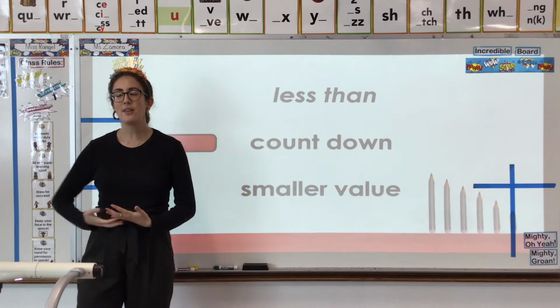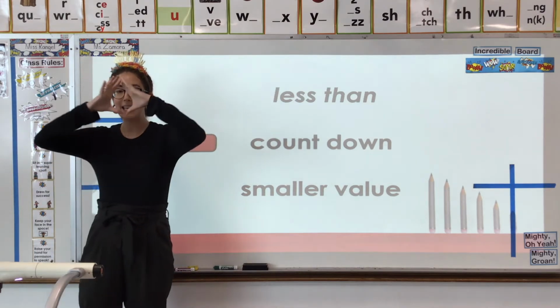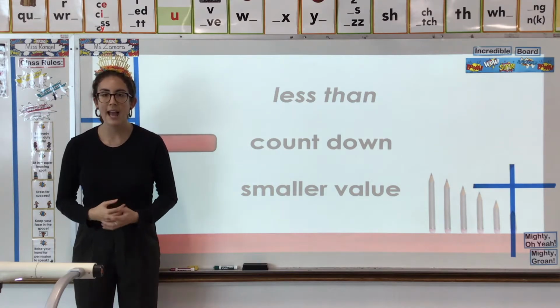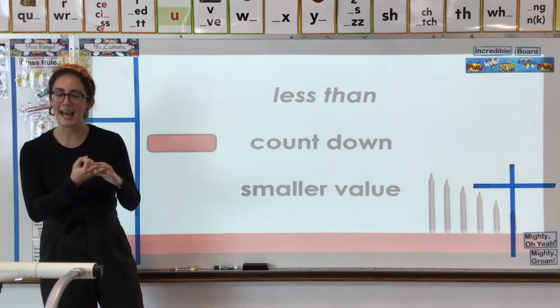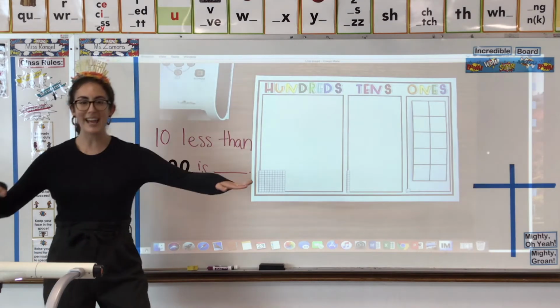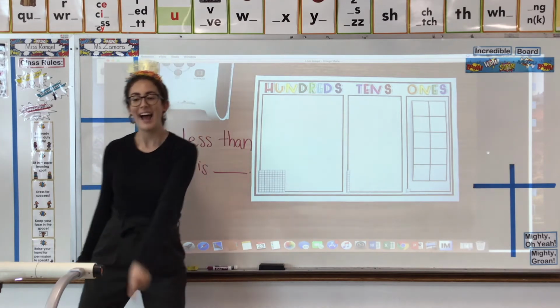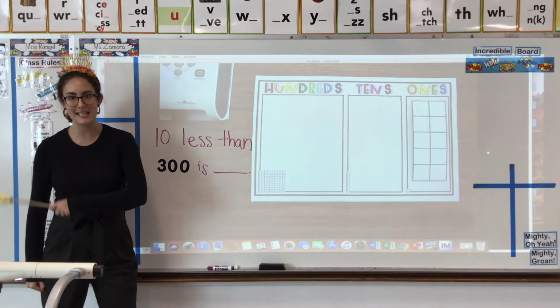Okay, with this unbundling and less than knowledge, let's get out all our place value tools that we've been working on and figure out how to take away 1 or 10 less. Okay, you got all your tools out, you're set up and ready to go? Let's check out our first number sentence of less than day.